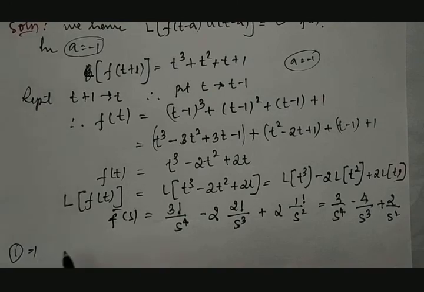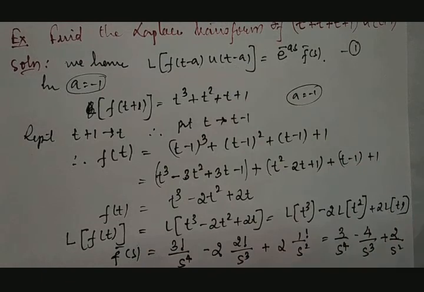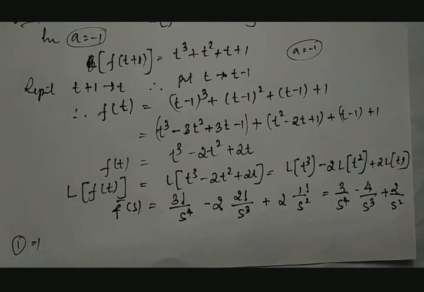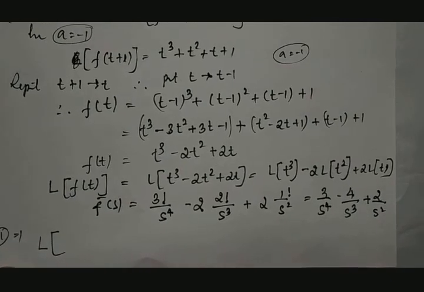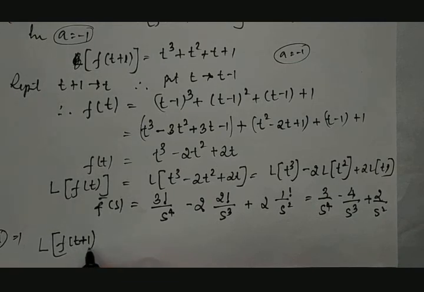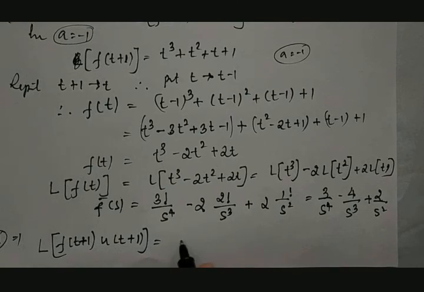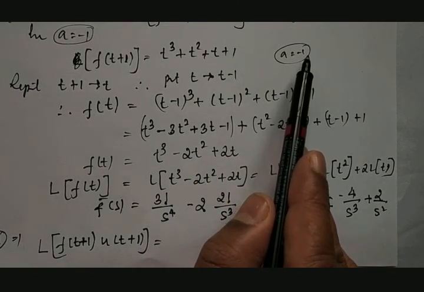Therefore, from equation number 1, from the given property, what does it say? It says Laplace transformation of f of t plus 1 into u of t plus 1 is equal to e raised to minus as, but a is equal to minus 1.